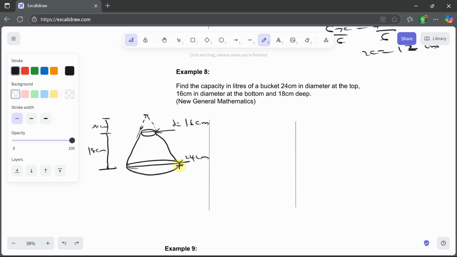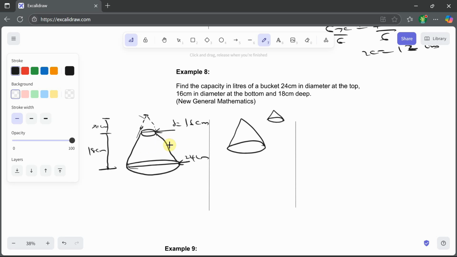There is the big cone, which is like the initial full cone, and at the top there's a small cone that was removed. So if I find the volume of this big cone and the volume of this small cone, and I take the volume of the small cone out of the volume of the big cone, do you agree that we'll have the volume of the remainder, this guy here? Yes, and that's all that we need to know.